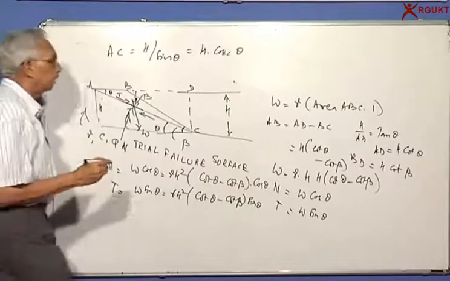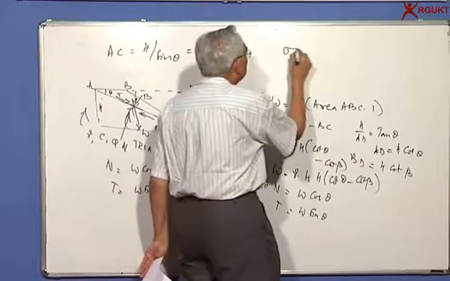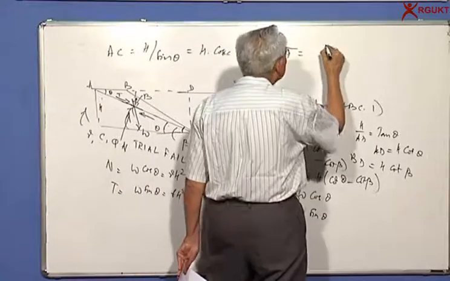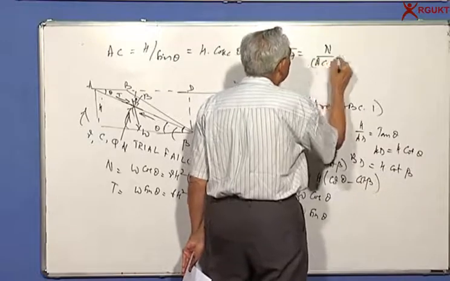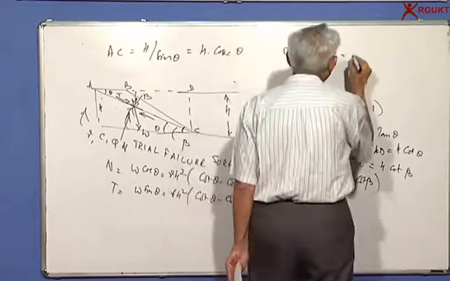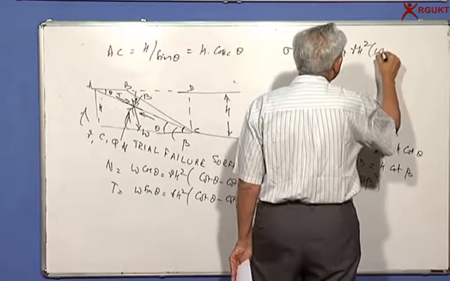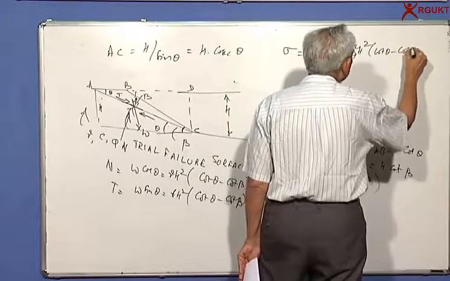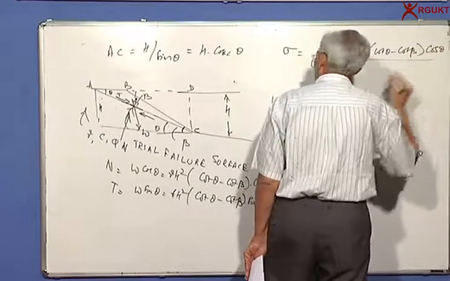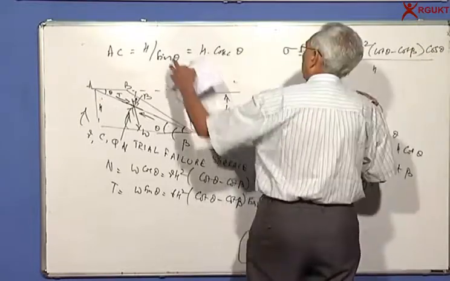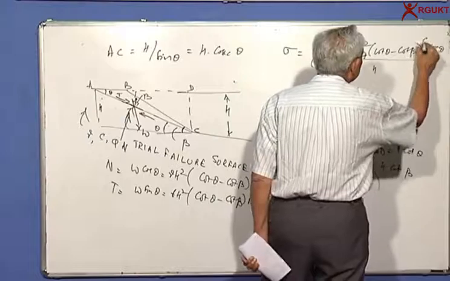And so if I want the normal stress, sigma is equal to normal force by area, which is AC into 1. So that is gamma h square cot theta minus cot beta into cos theta by h. I take the sine theta above.